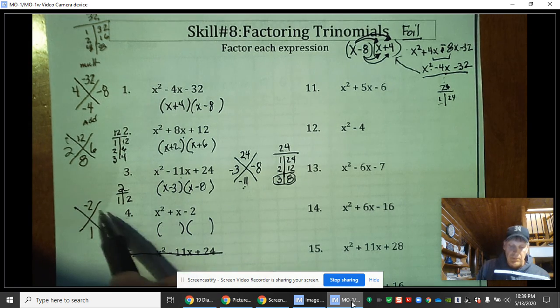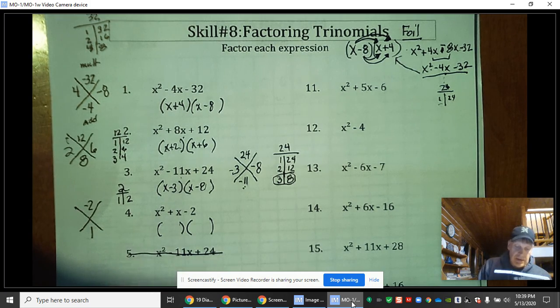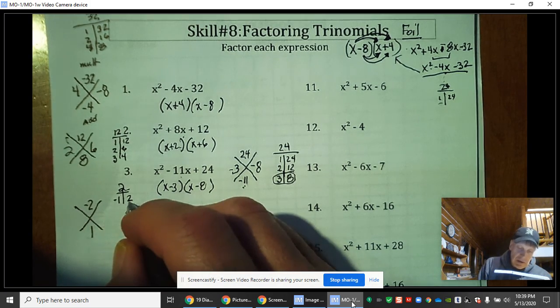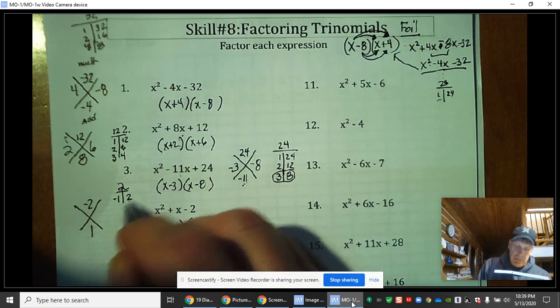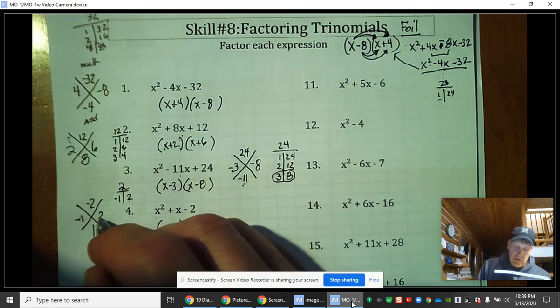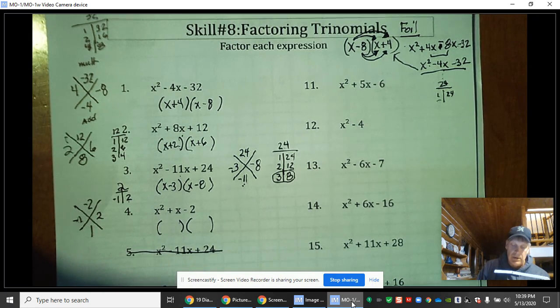All right, last one. What multiplies to negative 2 and adds to 1? Well, again, if this is negative, one of these has to be a negative. And for this to be a positive, my larger one has to be positive. So if I put in negative 1 and 2, they multiply to negative 2, they add to positive 1.